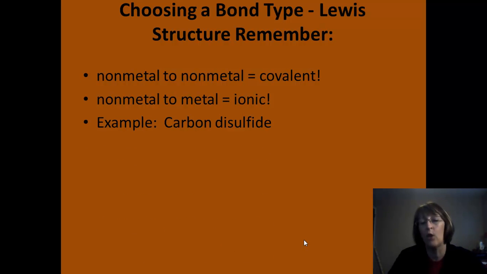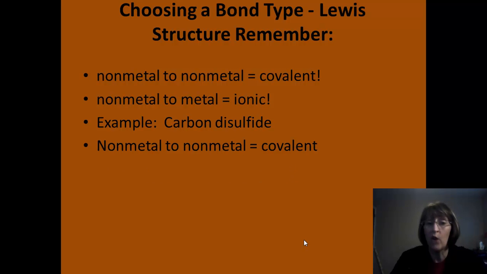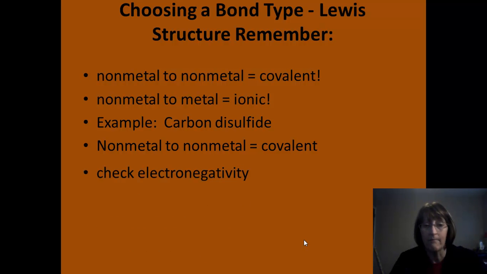Okay, so what if we have carbon disulfide? All right, we have 1 carbon, and di is 2, so we have 1 carbon and 2 sulfurs. Carbon's a non-metal, and sulfur's a non-metal, so it's a covalent compound. Check the electronegativity.